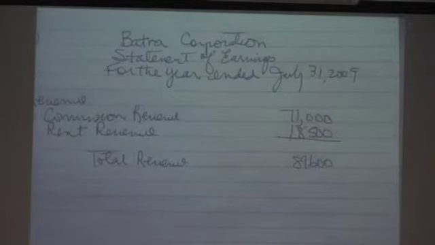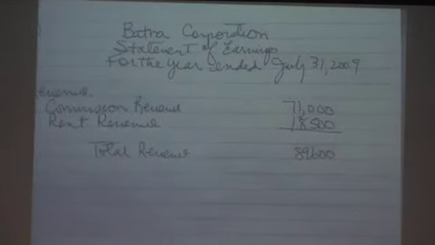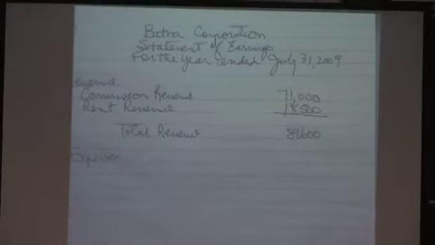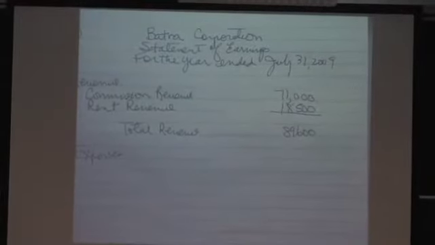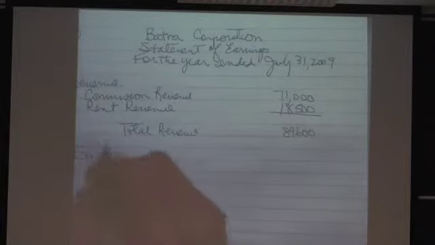Now, let's look at the expenses. The first set of expenses I see here is salaries expense, and that was the first line item in the question.